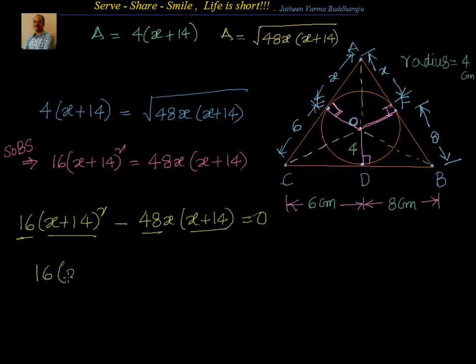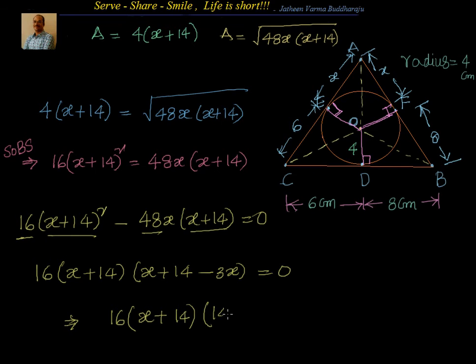So I will have 16 into x plus 14, multiplied with what is left out: x plus 14 there, and we are left with minus 3x here. I hope you are okay with that. When I simplify, I will have 16 into x plus 14, multiplied with 14 minus 2x, equal to 0.